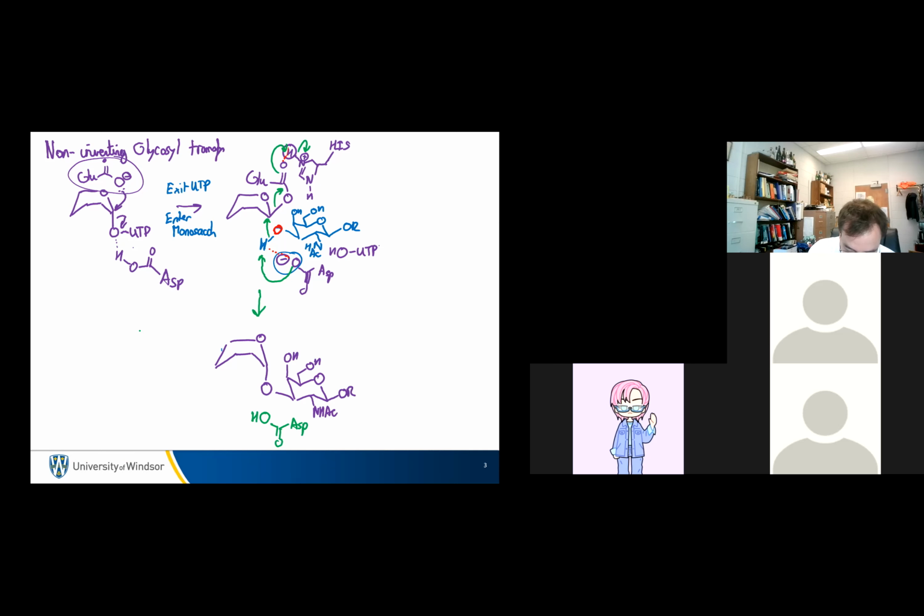We have reprotonated the glutamate, and we have deprotonated the histidine. Now the histidine, of course, can then go right back and deprotonate that glutamate again and reset the glutamate. So we have these three residues that have been involved in this catalytic system.